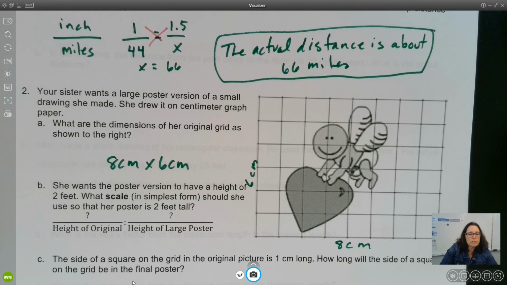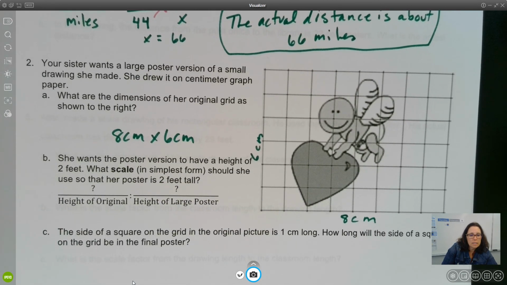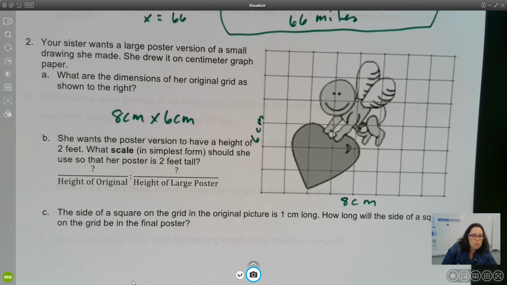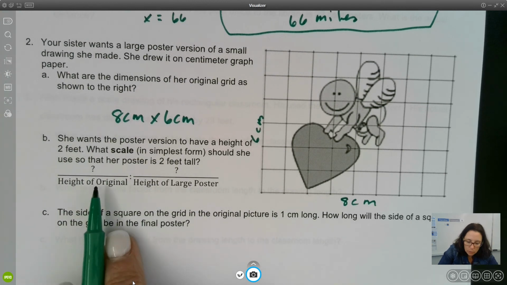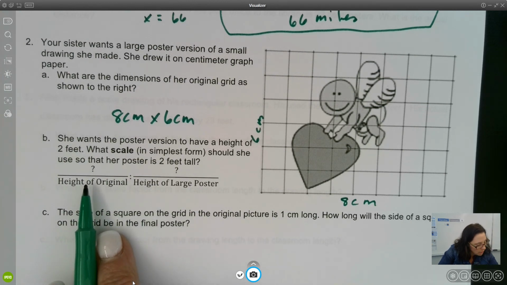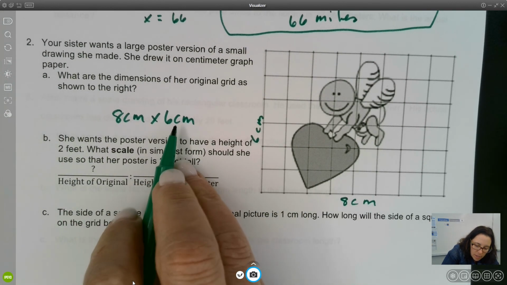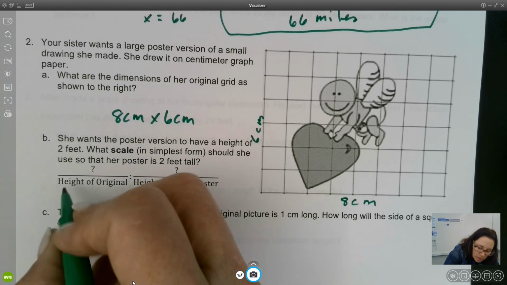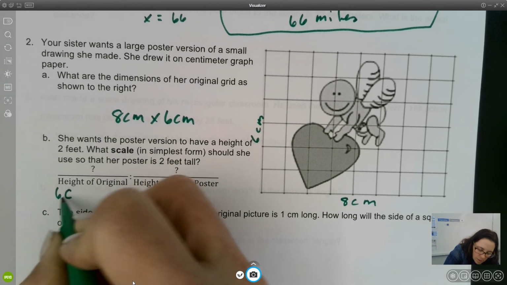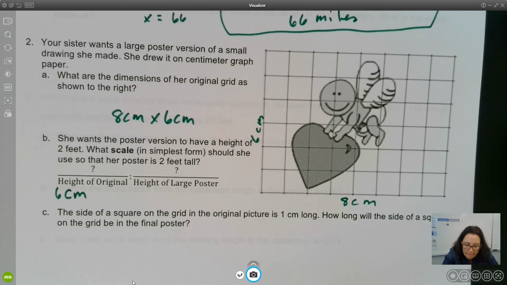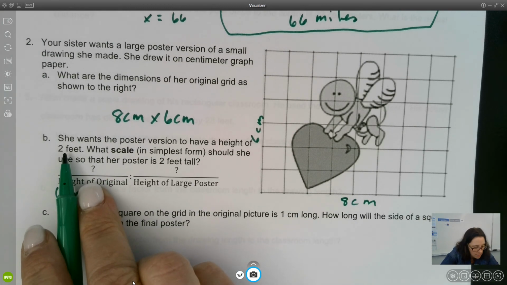She wants the poster version to have a height of 2 feet. What scale in simplest form should she use so that her poster is 2 feet tall? All right, so height of original, we are going to do 6 centimeters. I'm going to take the 6 centimeters here, the height. Okay, and they want a height of 2 feet.